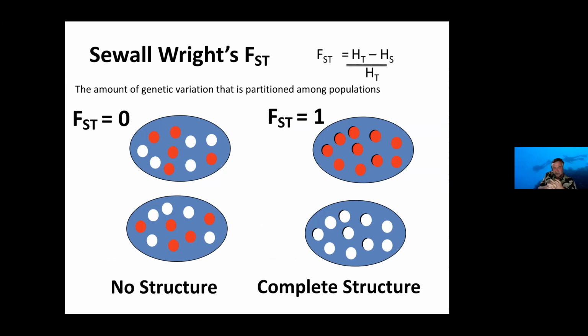If you have two alleles in a two-allele system and they're equally distributed across two populations, you'll have an FST of 0. If they're completely segregated between populations, you'll have an FST of 1. We can get an analog of FST by looking at how heterozygosity in the total population relates to the heterozygosity in the subpopulations.